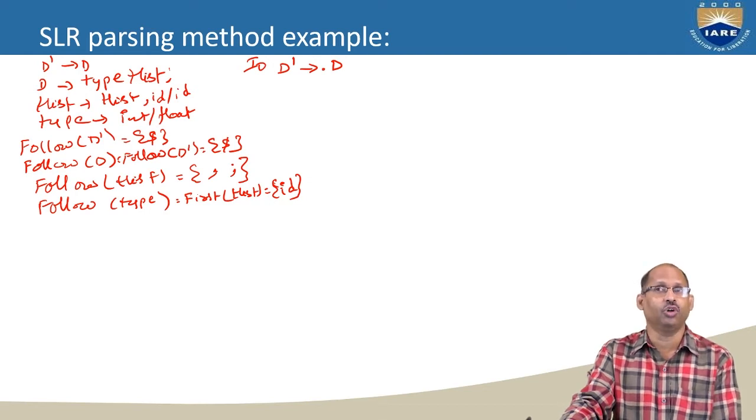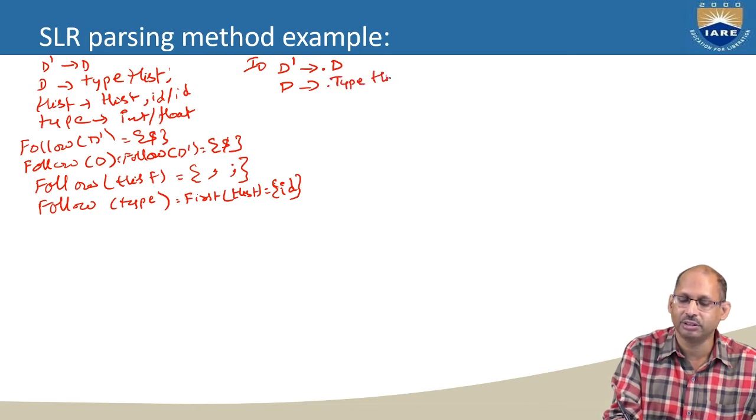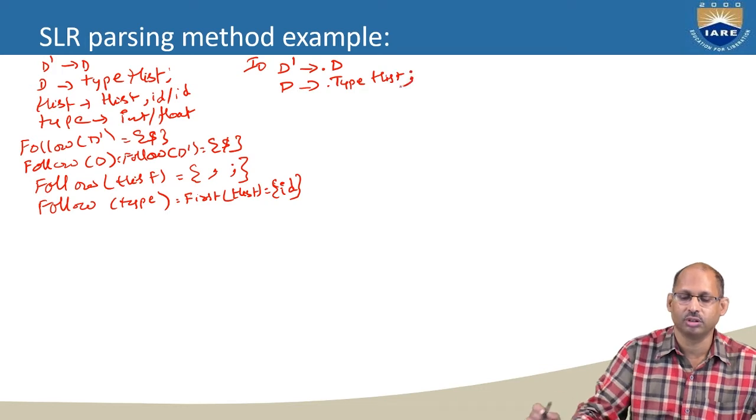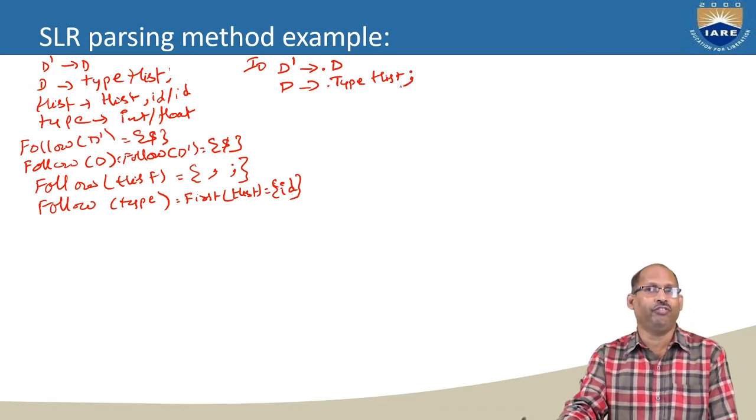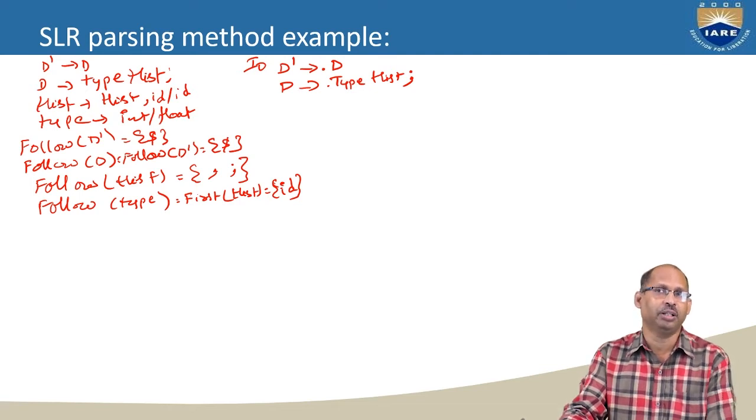Since dot is followed by a non-terminal, add the productions: D gives dot type T list semicolon.